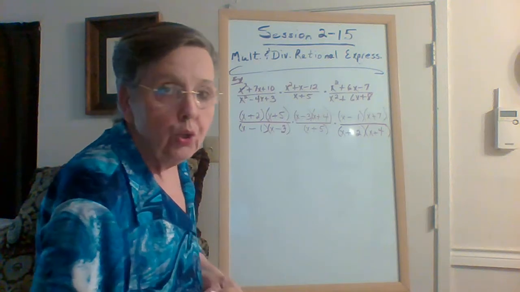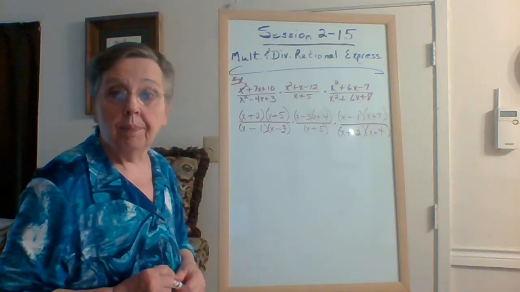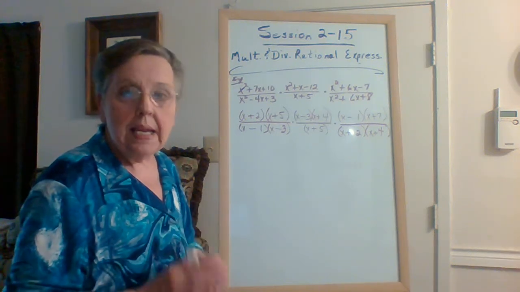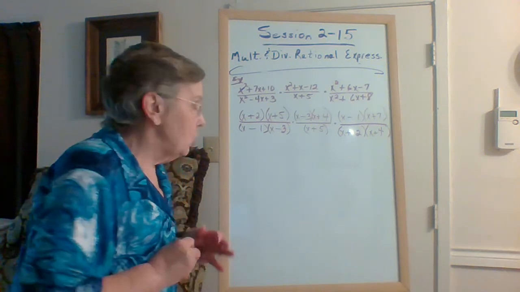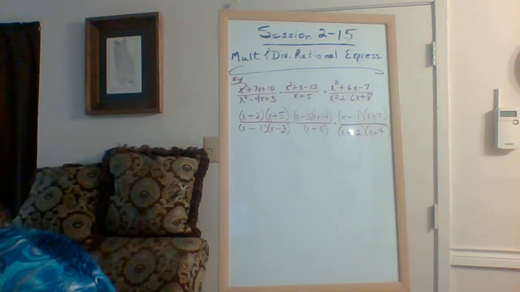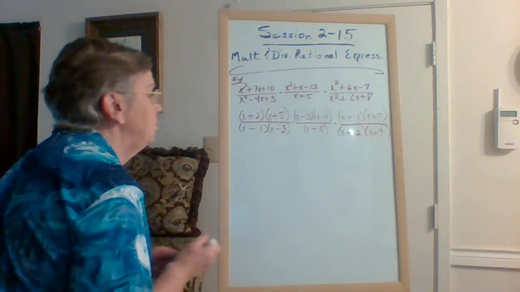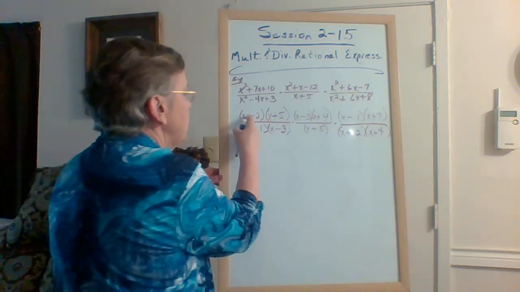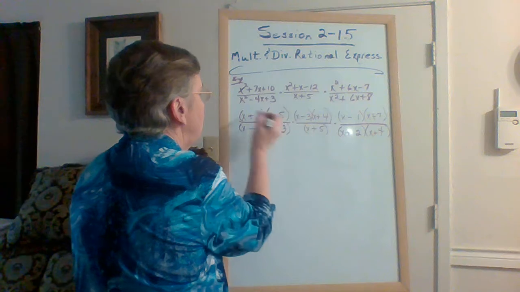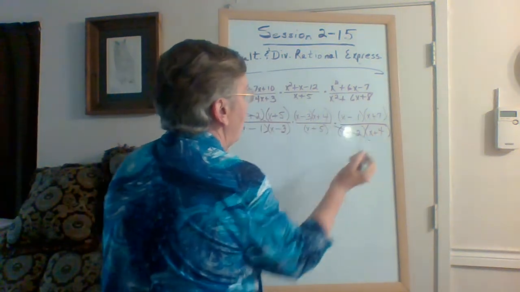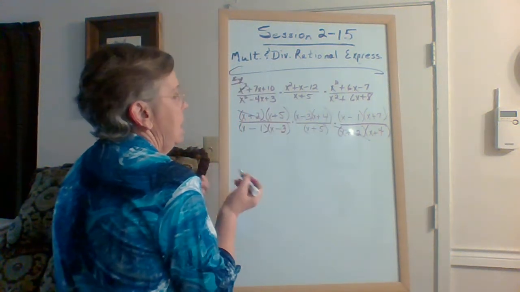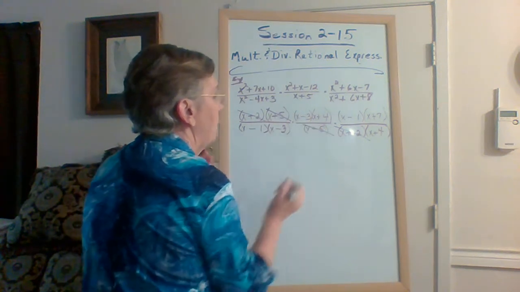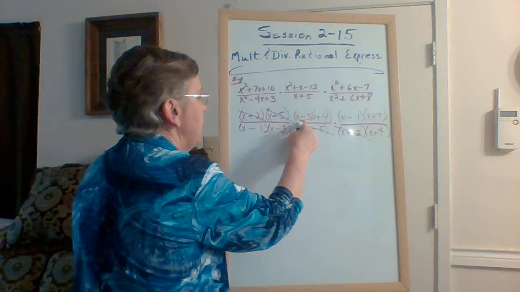Okay, remember the rule now that I have them all factored. I can cancel any numerator with any denominator. So, let's try a different color and see if that helps me. x plus 2. Well, there's an x plus 2 down there. Okay. x plus 5. Well, there's one right there. x minus 3.